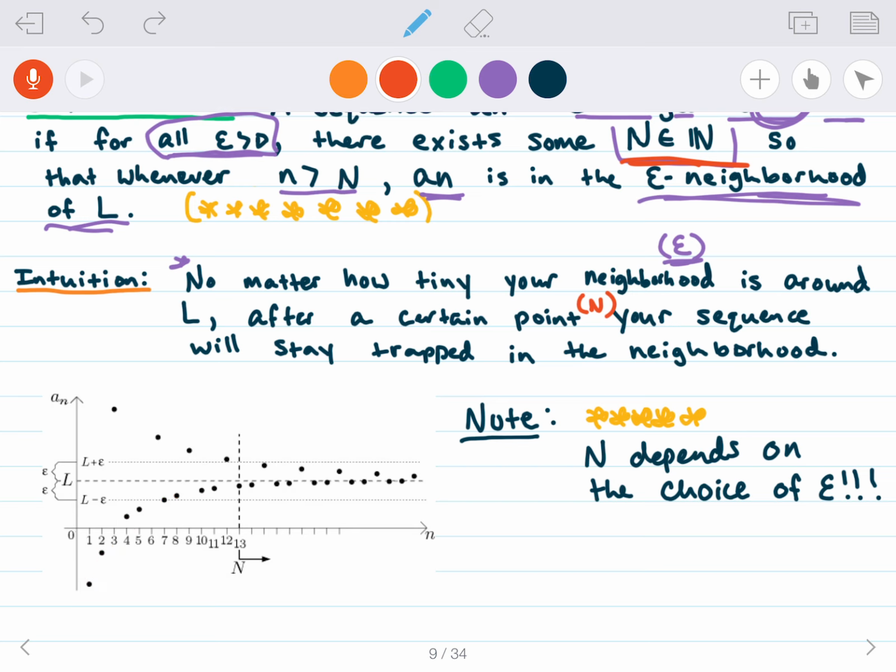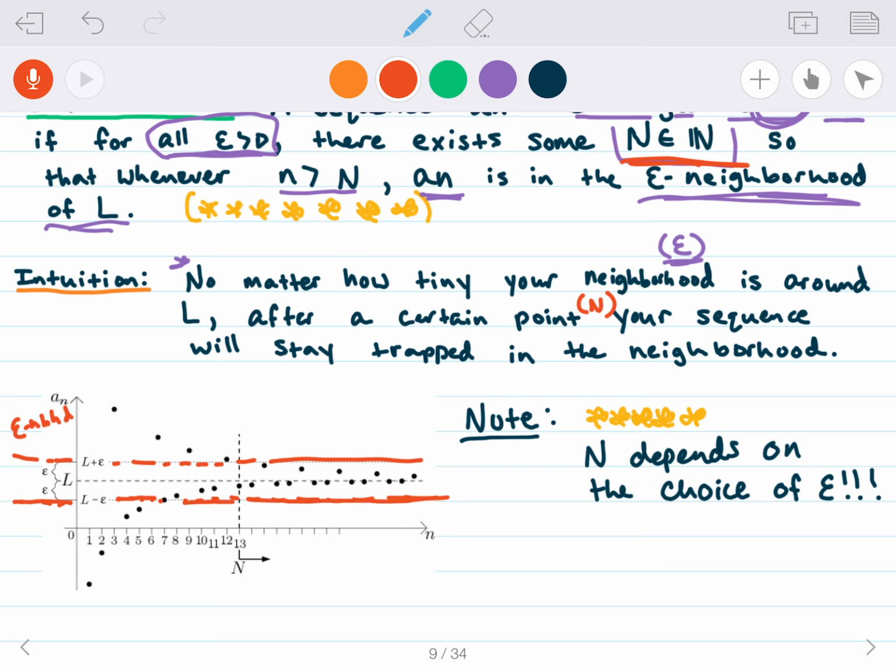So I give you this epsilon neighborhood, and let me draw it in red so that you can see it. Here's L minus epsilon. This is my epsilon neighborhood in red. What this definition is saying is that I chose this epsilon neighborhood in red.